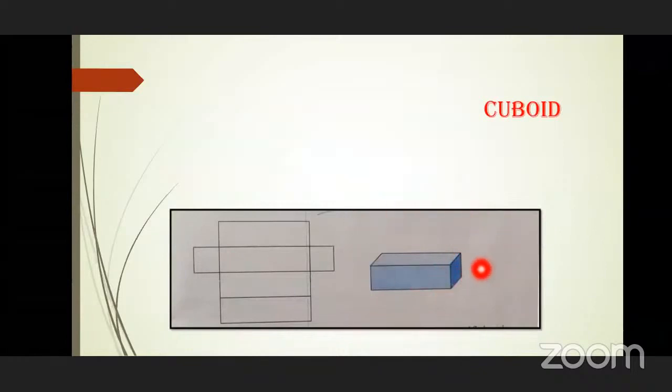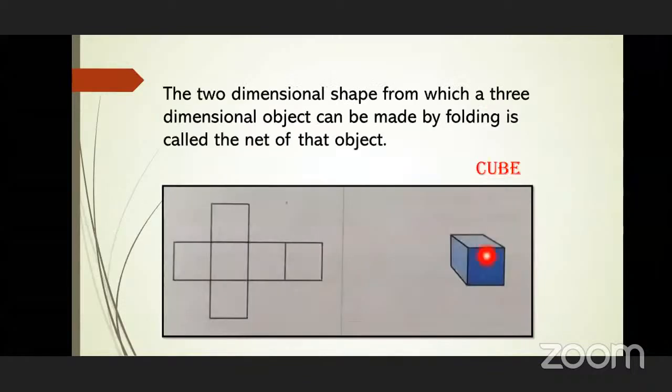And this was a cube. So what is this called? Net. This is called a net. In a simple way, a net is what? A two-dimensional shape from which we can make a three-dimensional object by folding it is known as a net.